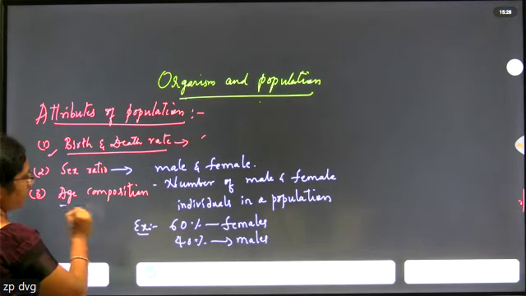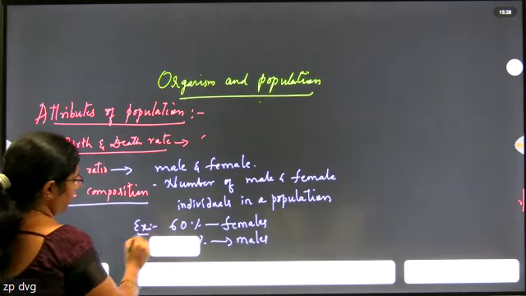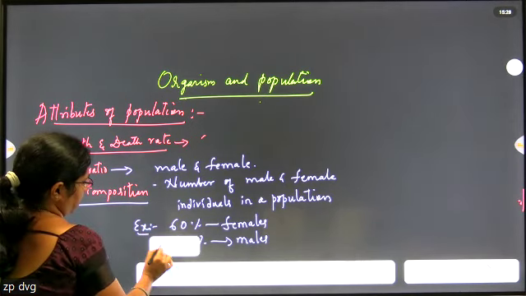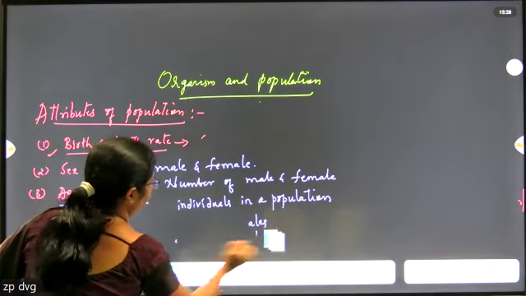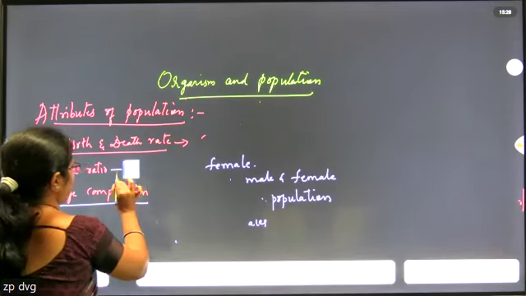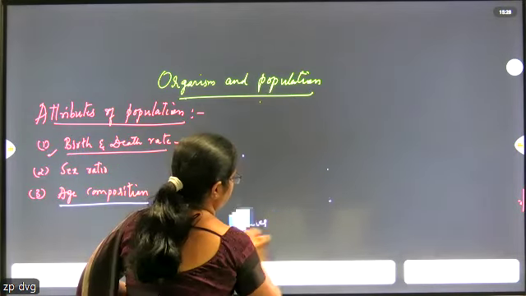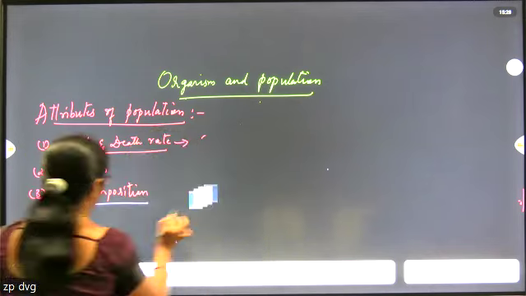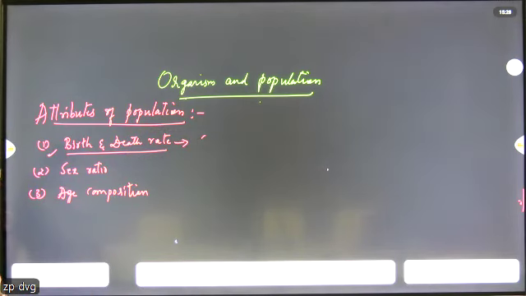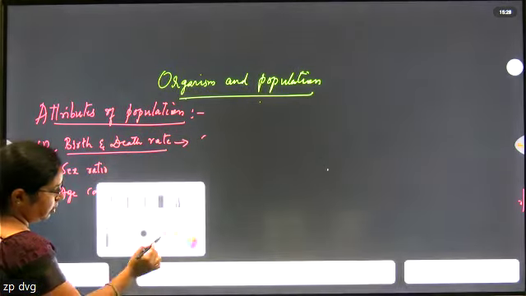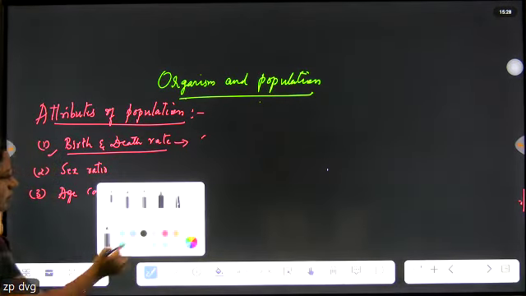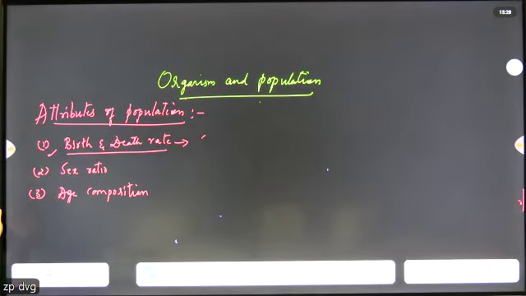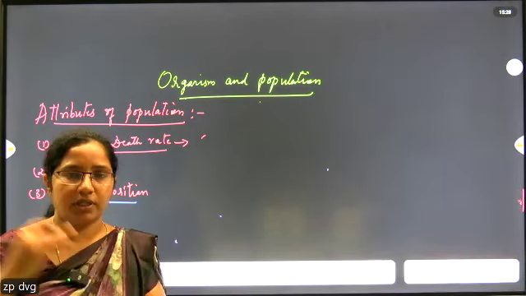And when we come to the third one, that is called age composition. Whenever we move with the third attribute of the population, that is age composition, we divide the age of the individuals into three categories.